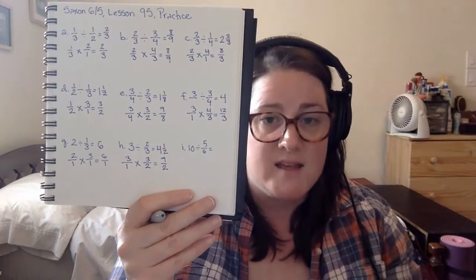I is asking 10 divided by 5/6. 10, the whole number, is expressed as the fraction 10 over 1. My division becomes multiplication. And my second fraction, 5/6, I'm going to use the reciprocal, which is 6/5.